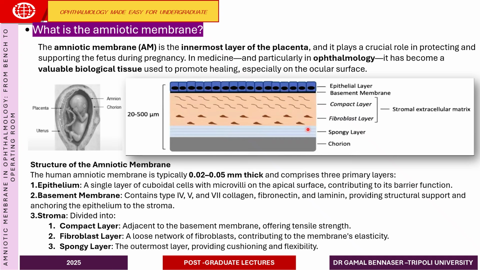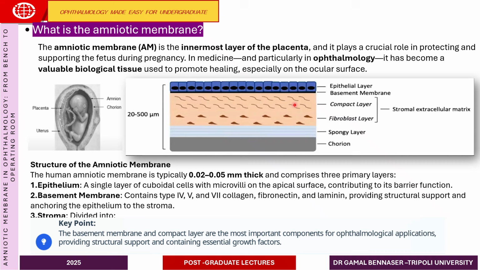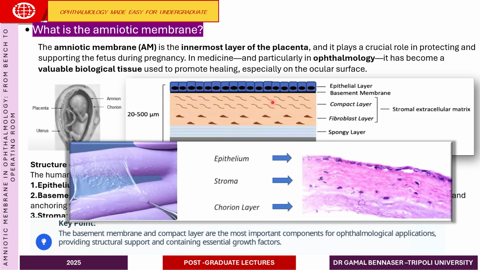And it contains different types of collagen fibers and fibronectin and laminin and other growth factors. However, histologically, the most important is the basement membrane that provides structural support, as well as the compact layer, which is full of the essential growth factors that are used for the healing process, promotion of healing, prevention of fibrosis, and in the reconstruction of the ocular surface.